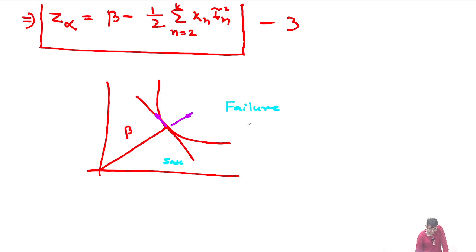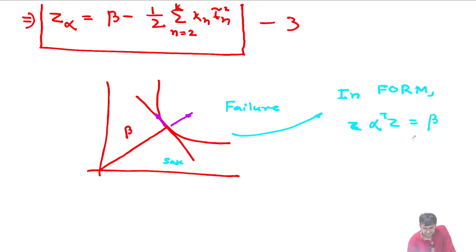So from here, in FORM, and whatever you defined only holds for FORM right now, alpha transpose Z equal to beta. This represents the limit state that you already know.